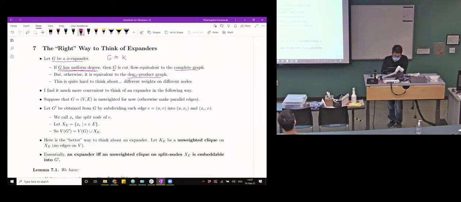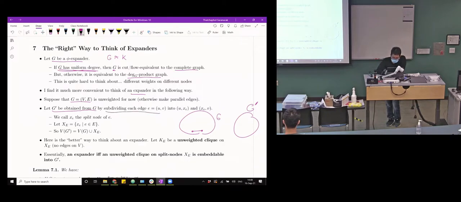It's actually much more convenient to think about expander in the following way. Suppose that the graph is unweighted for now, because otherwise you can just add parallel edges. Think of the graph as an unweighted graph G. What I'm going to do is look at another graph G prime that can be obtained from G, where you just subdivide each edge UV.